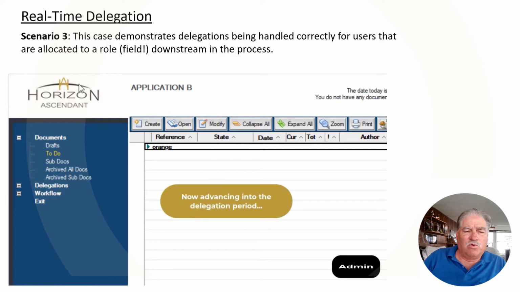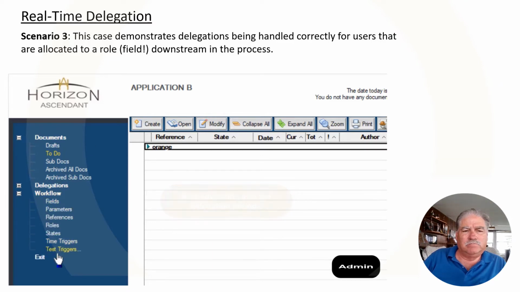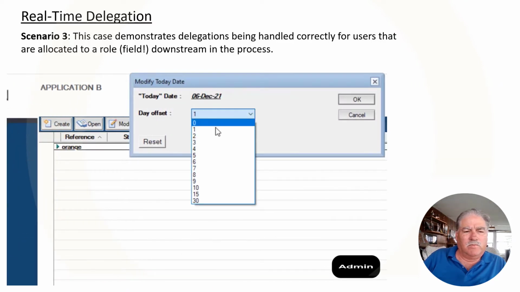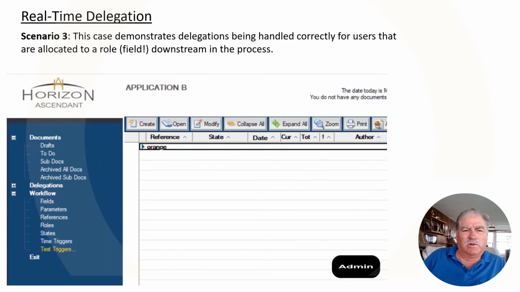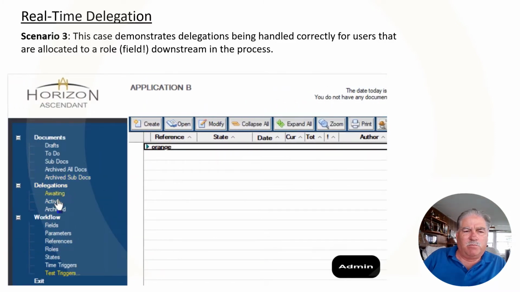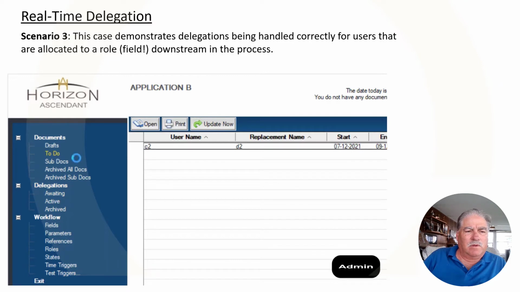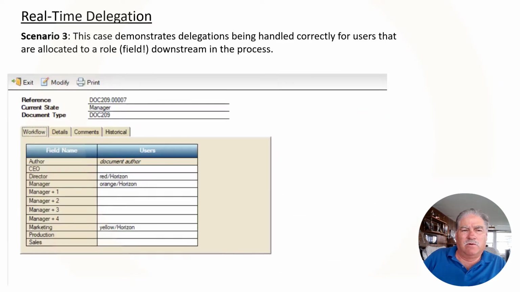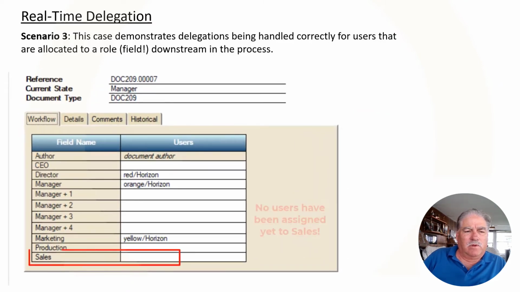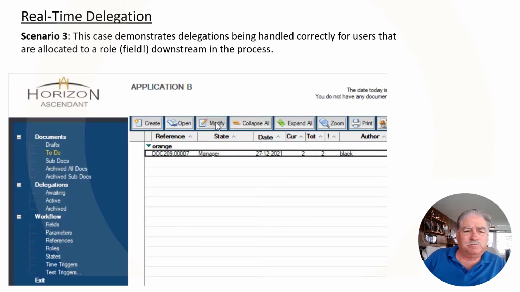As you can see, this tab is normally hidden. We'll advance into the delegation period. As you can see here, no users have been allocated yet to sales.